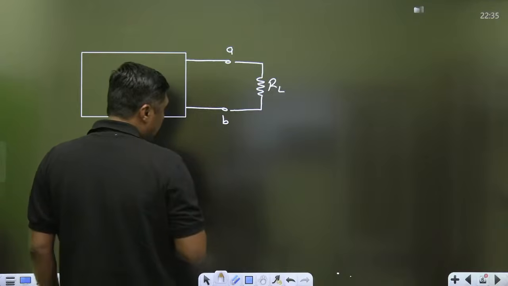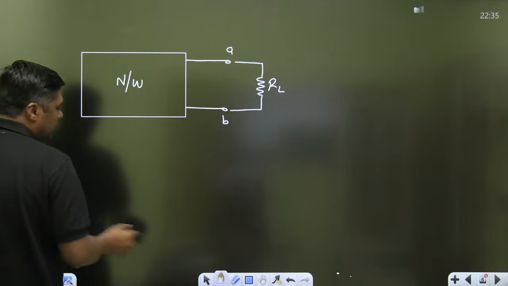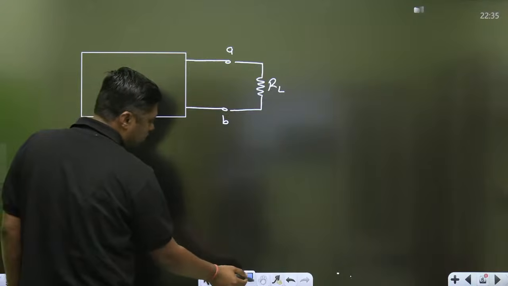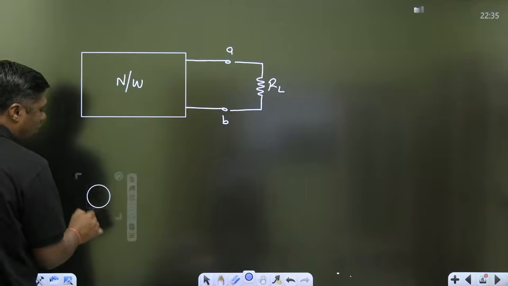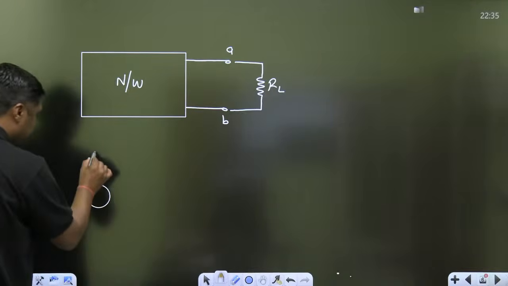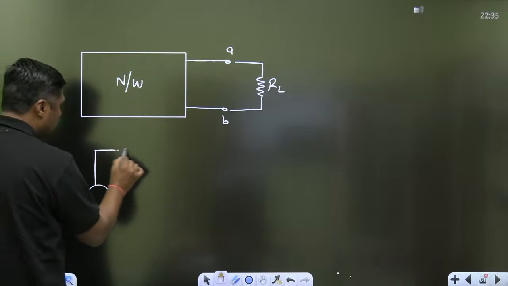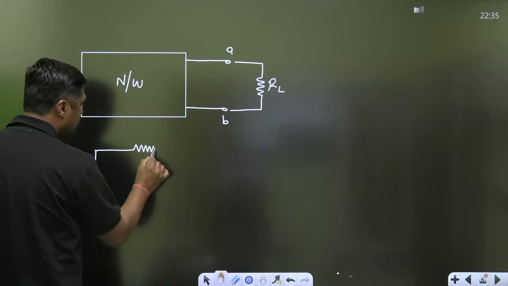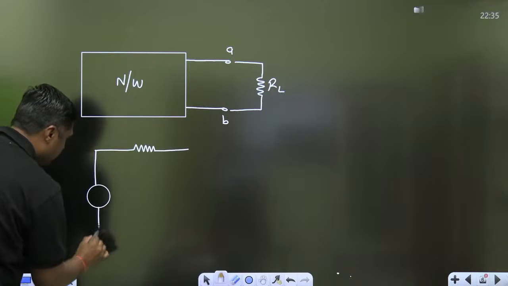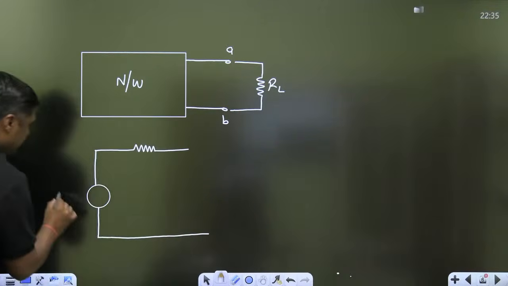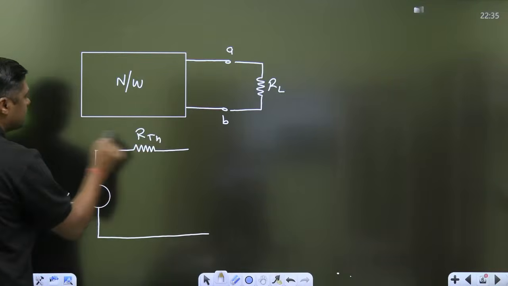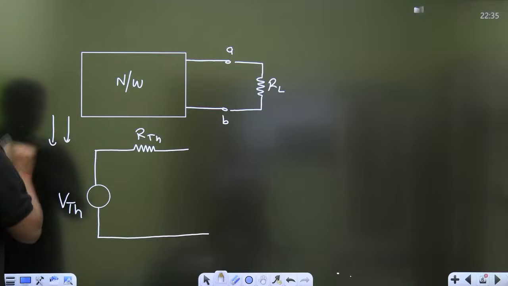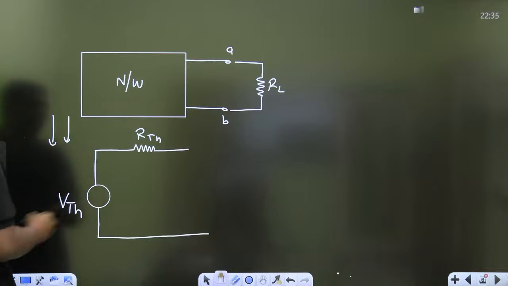Then we can reduce this network into a single voltage source and one resistor, that is called RTH, and this is called VTH. This is called Thevenin's equivalent: one VTH and one RTH.